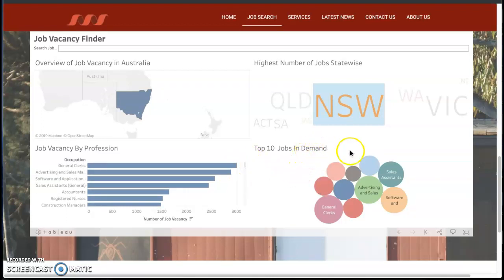And here is the demand of the jobs, so I can know which job is in highest demand.